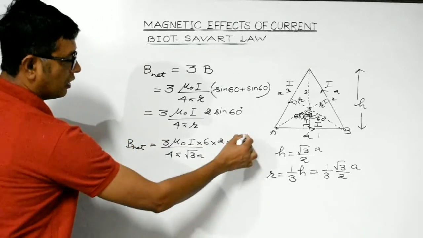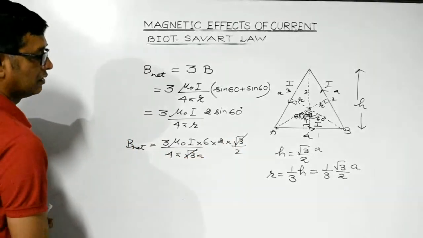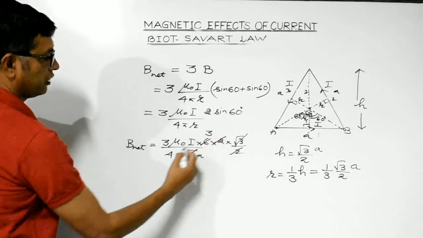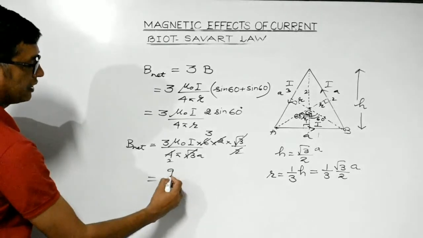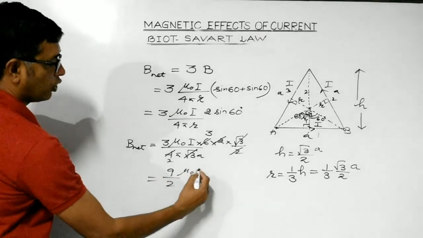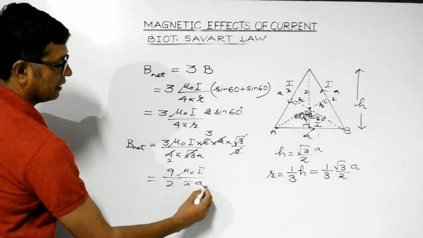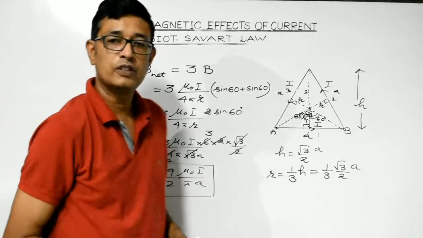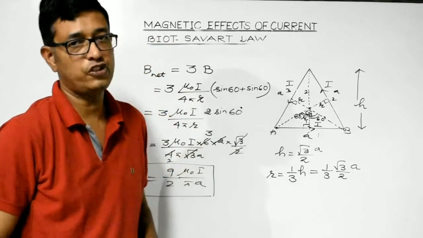So let's solve it. Root 3 gets cancelled. 2 gets cancelled. So here we will be getting 3 into 6 by 2, so it will be equal to 9 by 2 mu naught I divided by pi a. So students, this is the magnitude of the magnetic field at point G.